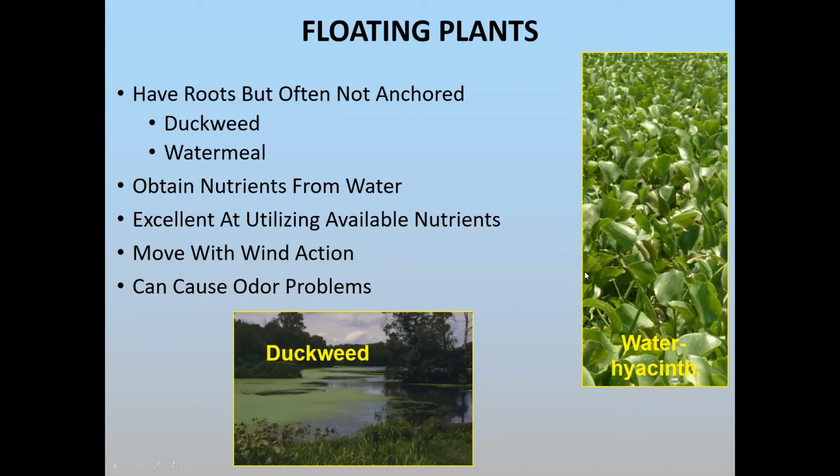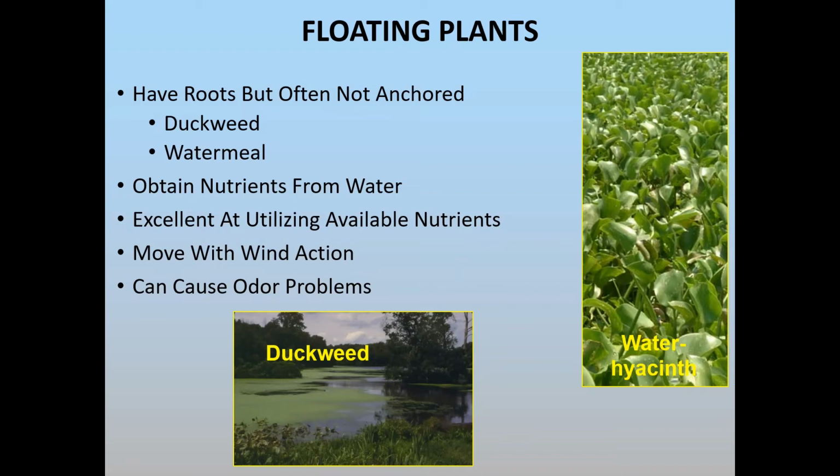We have introduced, non-native, invasive species such as water hyacinths that grow extremely fast and are undesirable in Maryland because they can take over. But again, they typically will move with wind action. One of the management strategies, particularly in a small pond, is to allow the wind to blow the duckweed over to one side and then skim it up with, say, maybe a pool skimmer.